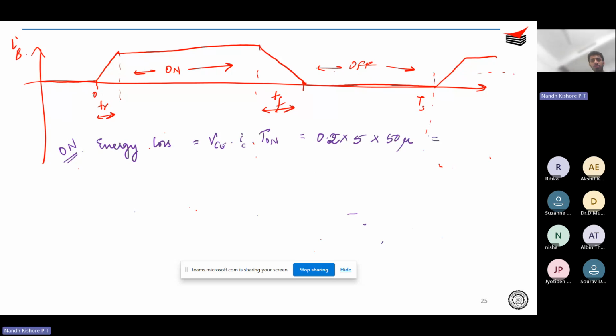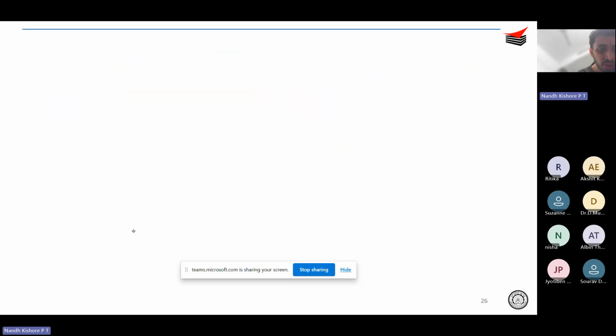So 0.2 into 5 is 1, into 50, so it's going to be 50 microjoules. So this is your energy loss during the on time. So what is the energy loss during off time?